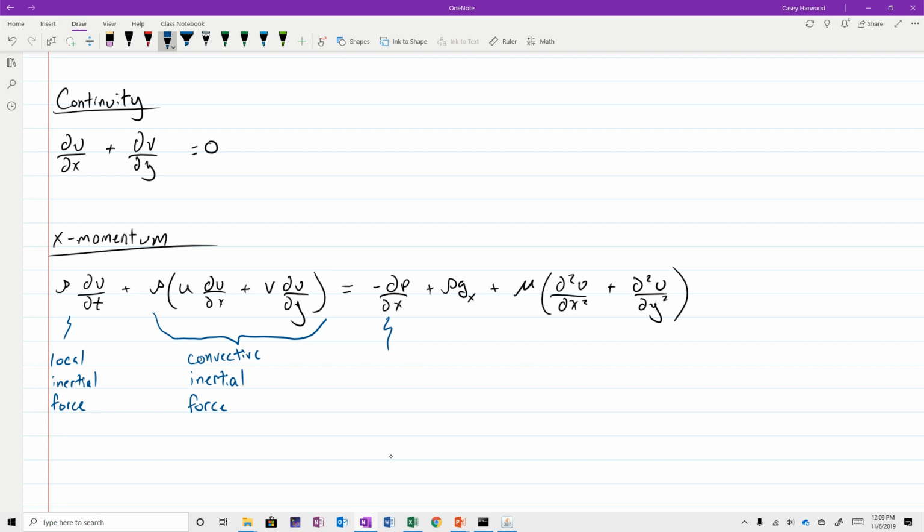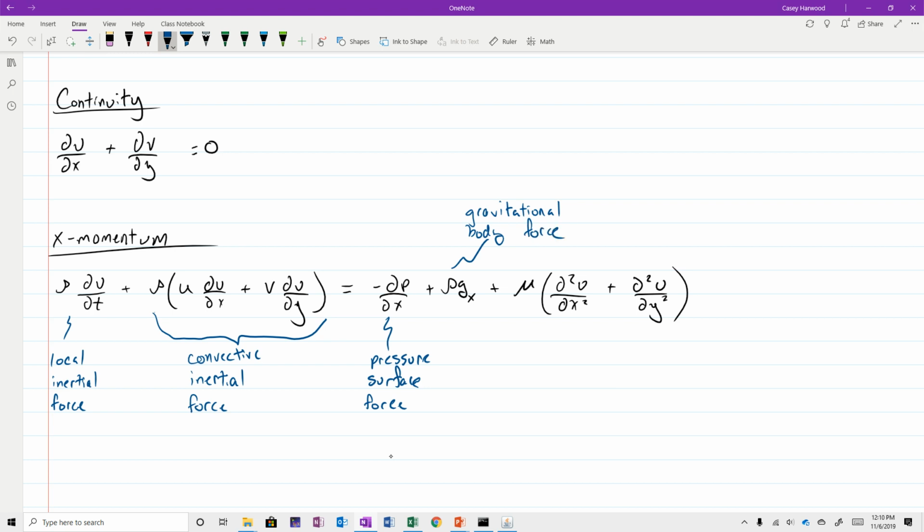On this side, first is the dp dx term, right? We determined that this is the surface force due to pressure. This rho gx would be the gravitational body force.